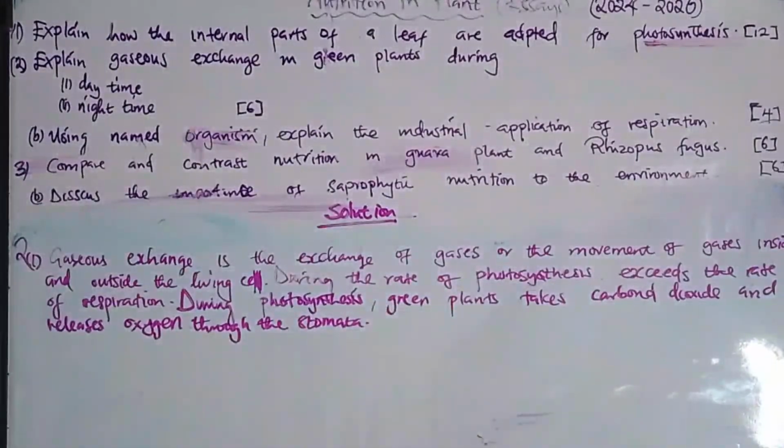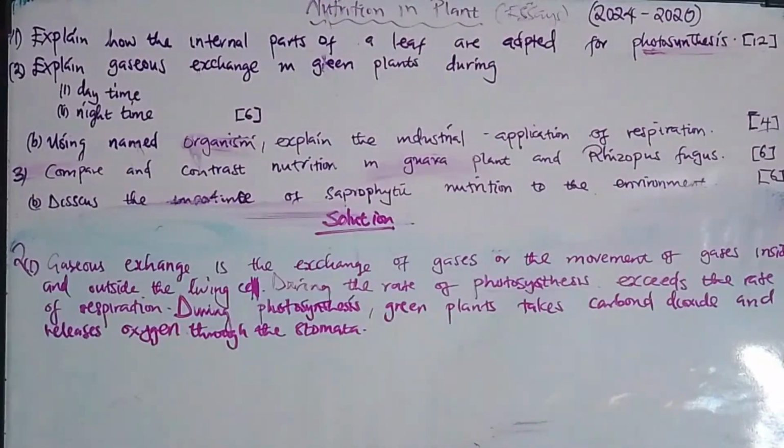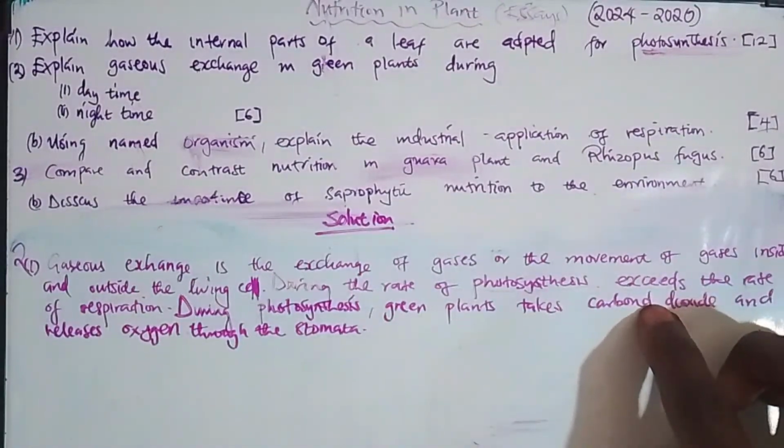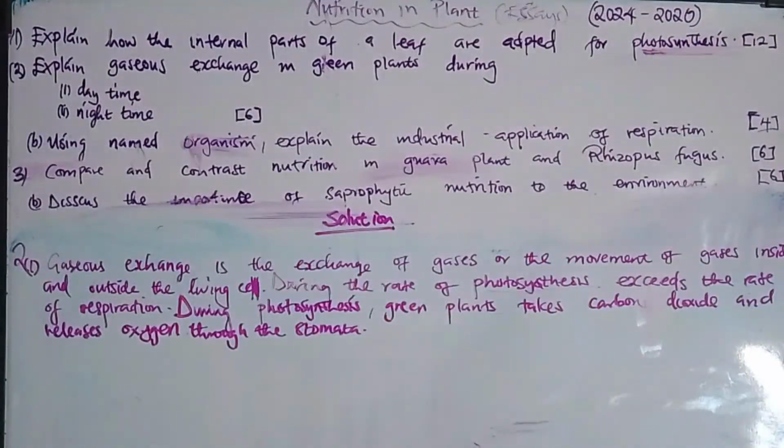So we are saying that during the day, what occurs is photosynthesis, where the plant takes in carbon dioxide used for photosynthesis, and releases oxygen after photosynthesis is done.